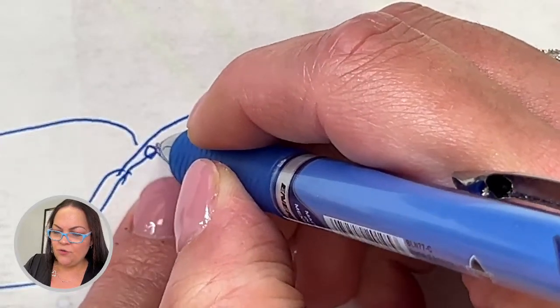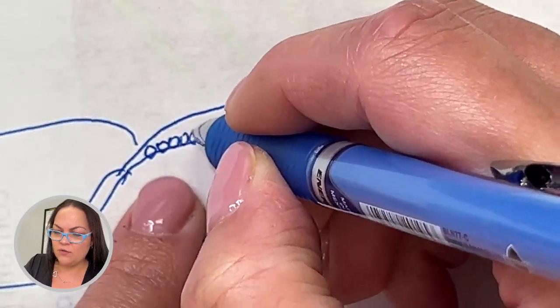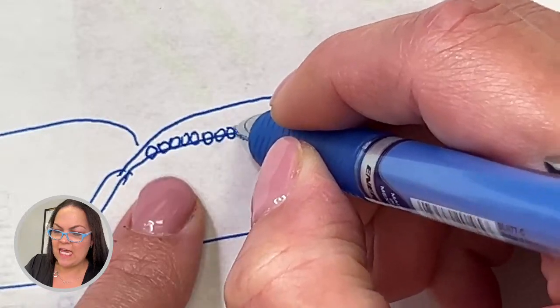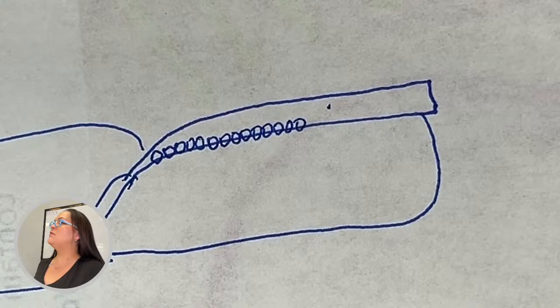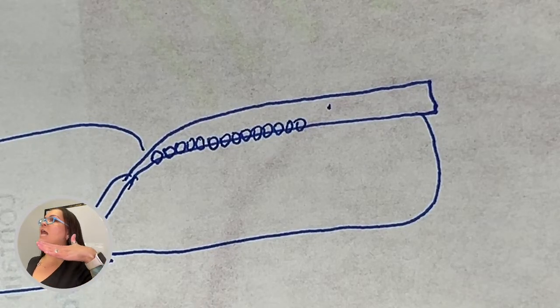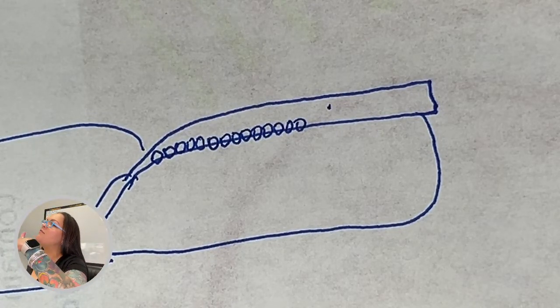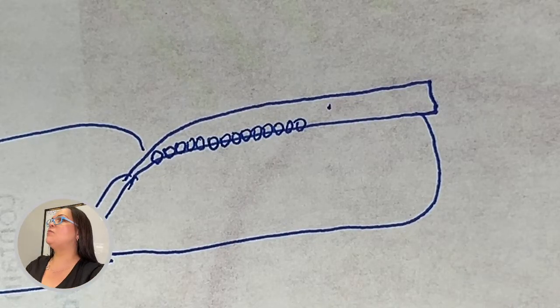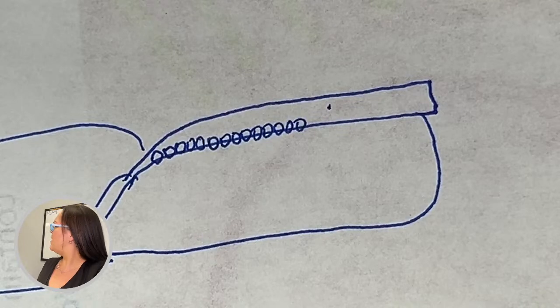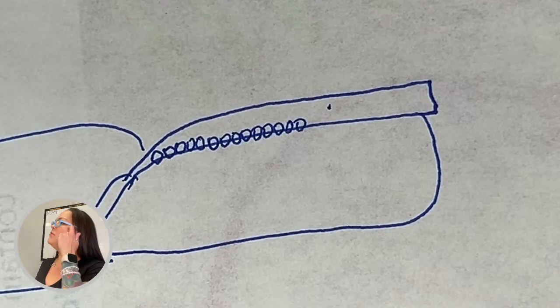Imagine tiny little greasy wheels in a very thin layer right in between, that help that nail plate easily roll up that nail bed as it grows. Like a conveyor belt.